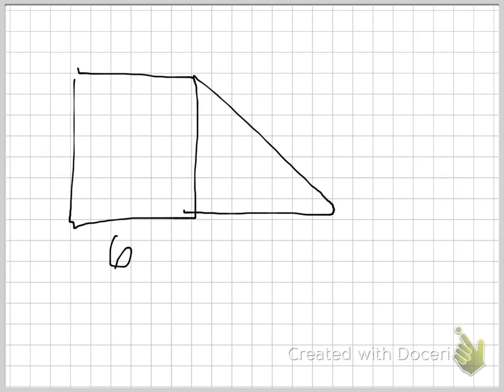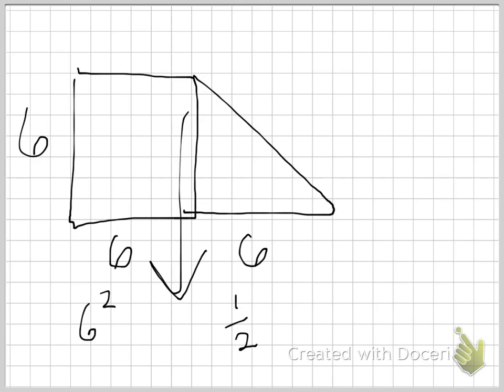If this was 6, and this was 6, and this was 6, then this part is going to be 6 squared, and this part is going to be 1/2 of 6 squared. Yeah? Okay. And that should do it.